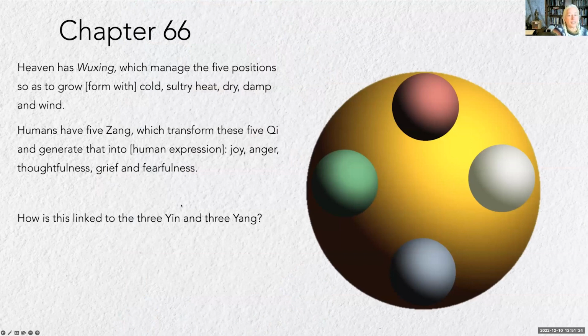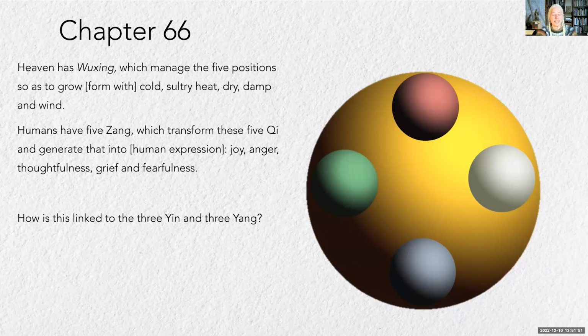Okay, so now we're going to read through chapter 66. Heaven has Wu Xing, which manage the 5 positions so as to grow form with cold, sultry heat, dry, damp, and wind. Humans have 5 Zong, which transform these 5 chi.